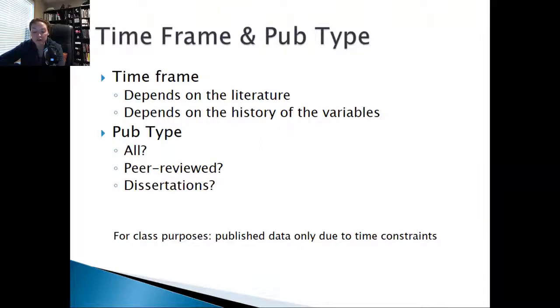A lot of articles might be hidden in the file drawer of researchers' filing cabinets that didn't get great results. Because they didn't get great results, they didn't submit them for publication, since when you don't find something that significant, it's not very interesting and it's hard to publish. So that's one of the rationales for considering the different types of publication types.